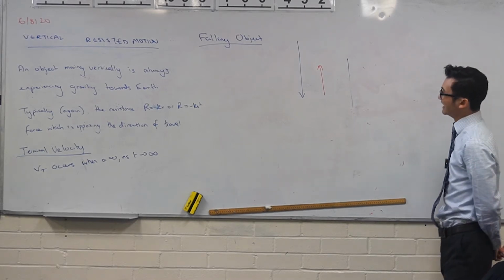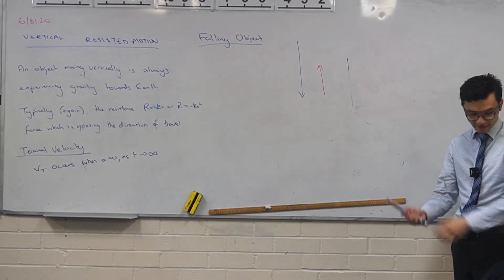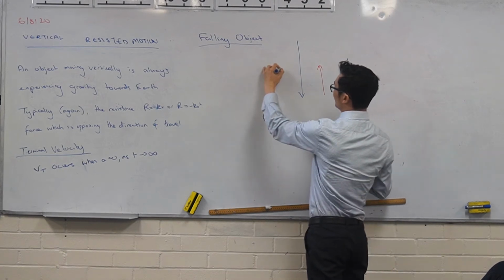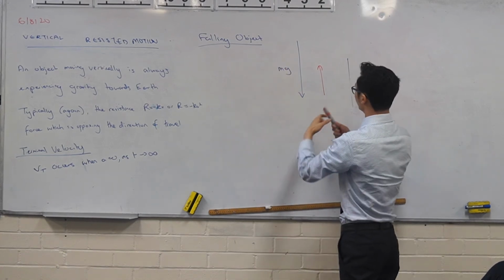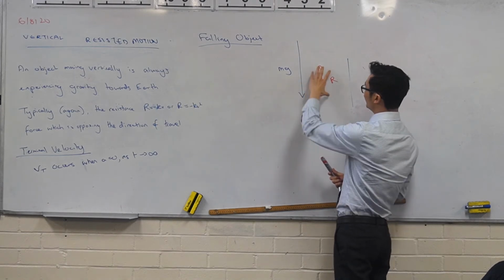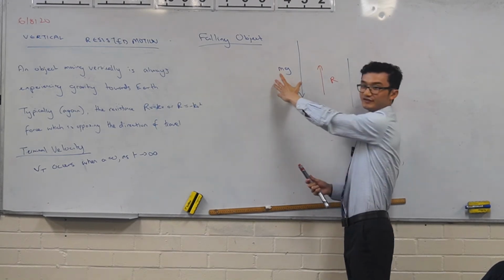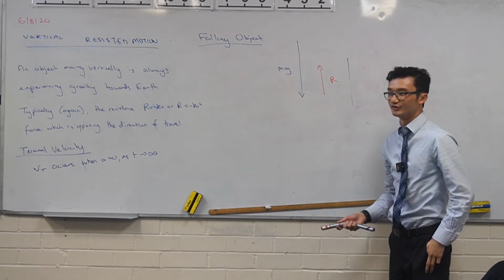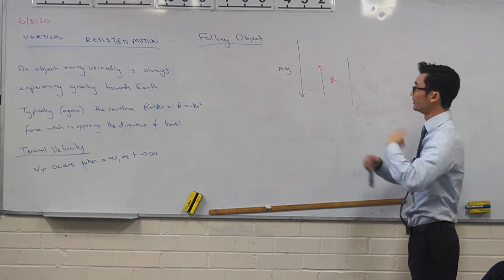Initially, we have our mass and gravity, and we've got the resistance being experienced. So obviously, if this is less than this value here, then we're going to continue accelerating, right? We're going to continue getting faster.